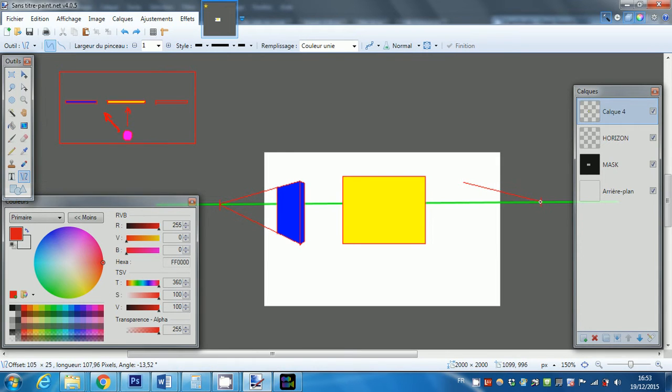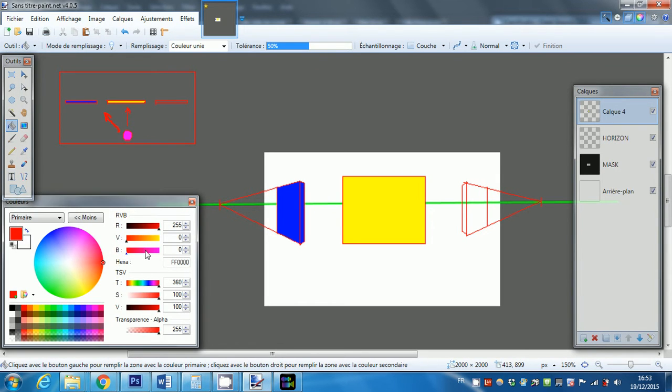I need to be careful. Okay, so this is nice. This is my third piece of wall, and once again 2 point perspective, so I need to draw the side of the wall, but I don't bother drawing the vanishing lines. So this piece of wall will be, I don't know, pink.